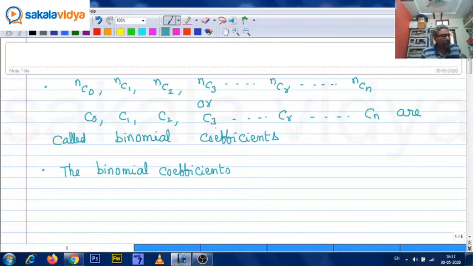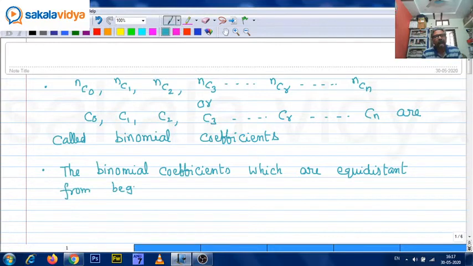Binomial coefficients which are equidistant from the beginning and end are equal.